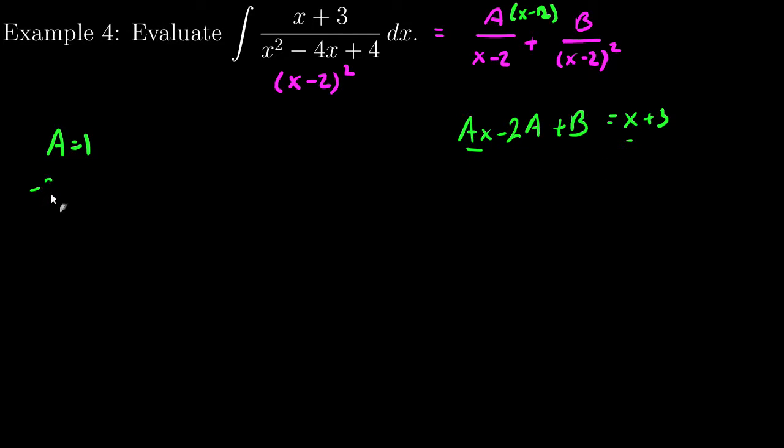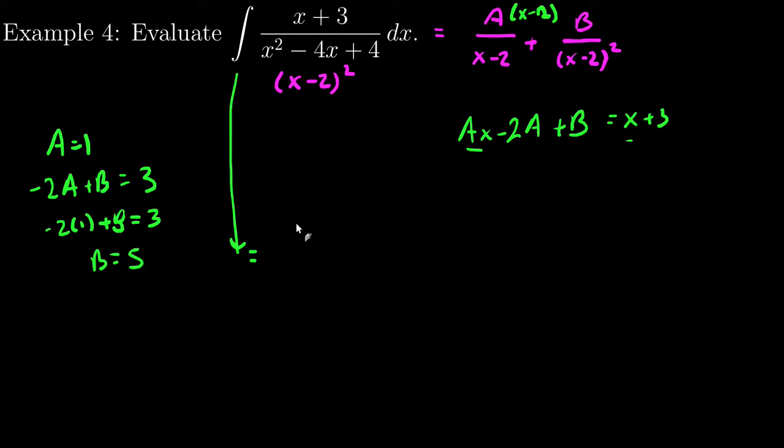And I get negative 2a plus b equals 3, and that would mean that if a is 1, negative 2 times 1 plus b equals 3, b has to equal 5. And so I will get that this integral is equal to the integral of 1 over x minus 2 plus 5 over x minus 2 squared dx.